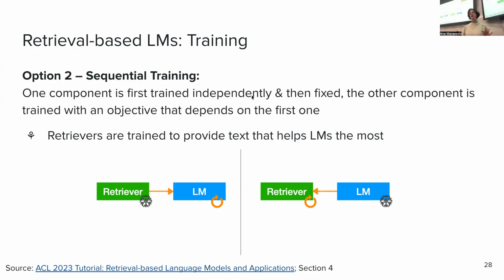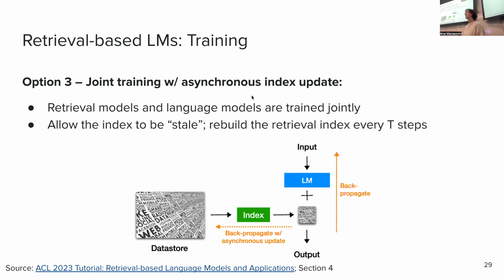But this is still not exactly joint. And there are still attempts to do joint training. So there are two options people are using. One of them works by making the updates every once in a blue moon.